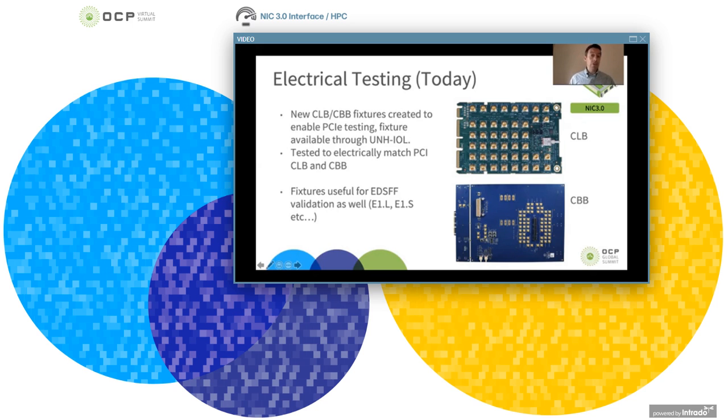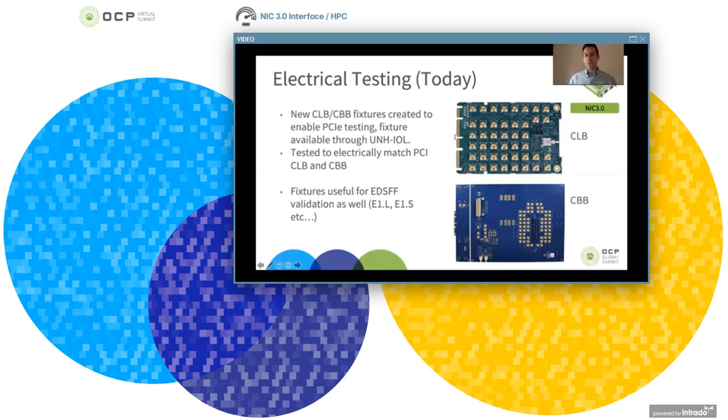These have identical functionality to what you would see in the PCIe add-in card or AIC form factor, CLB and CBB, but in a different mechanical form factor. We've used these at UNH-IOL for testing and found that they're electrically identical to the regular PCI SIG CLB and CBB, and they work quite well for testing. These fixtures are available today for folks who want to get this testing up and running in their own lab.